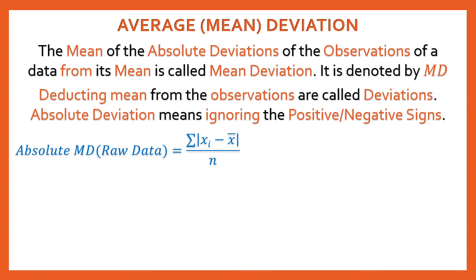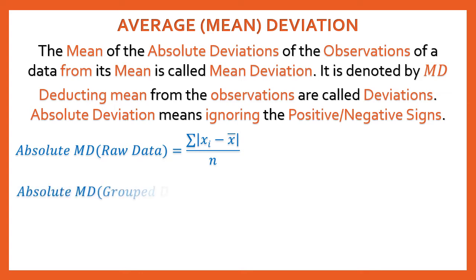For raw data, it is summation modulus xi minus x bar divided by n. That means this calculation is based on the modulus method. Modulus just means that whatever is the answer in that, we have to make it positive. Even if it is a negative answer, we will write it as a positive answer, and the total of all the positive answers divided by n, so it's an average kind of a thing.